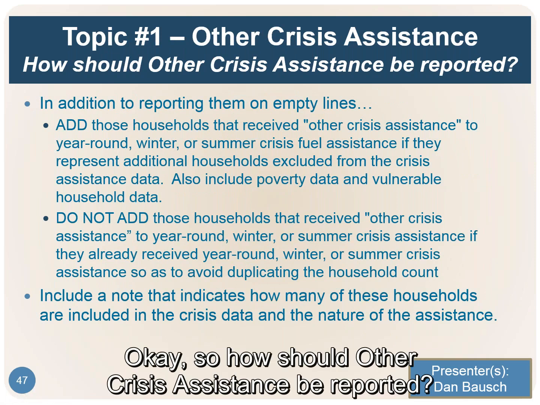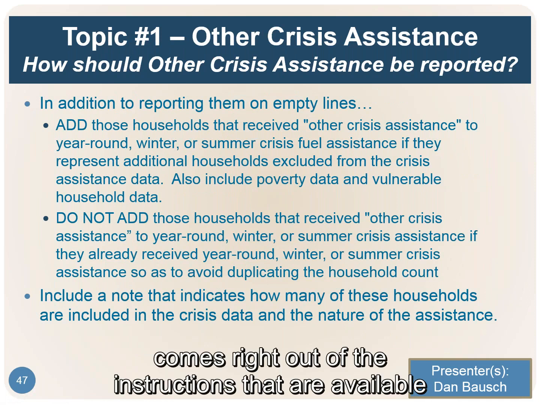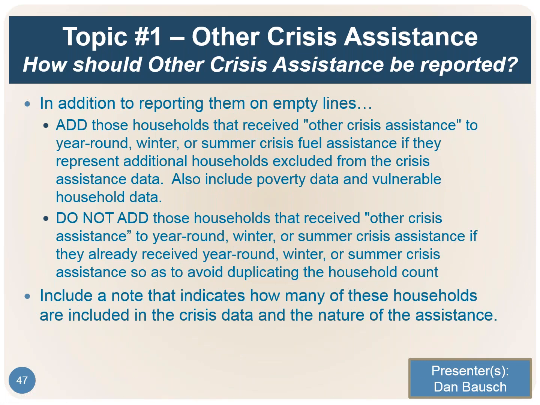Okay, so how should other crisis assistance be reported? The information on this slide comes right out of the instructions that are available and published with the action transmittals for completing the household report.